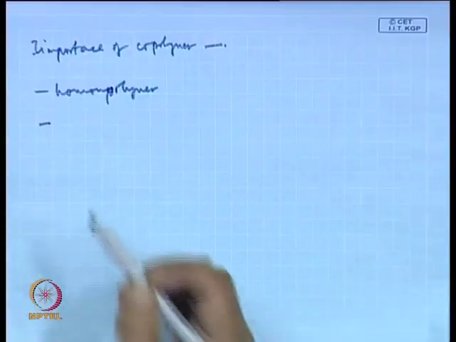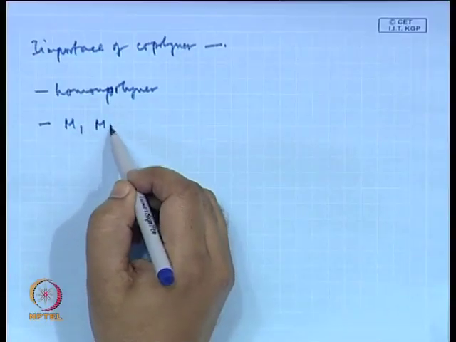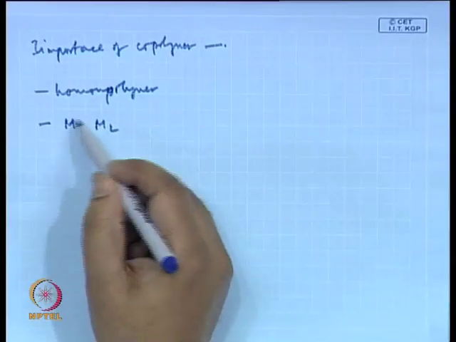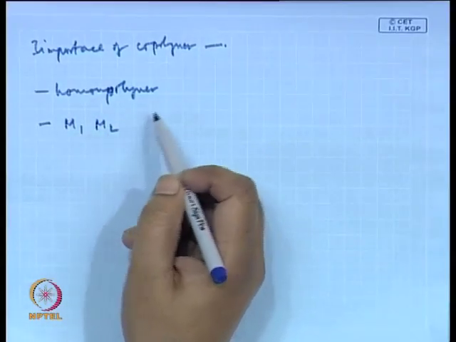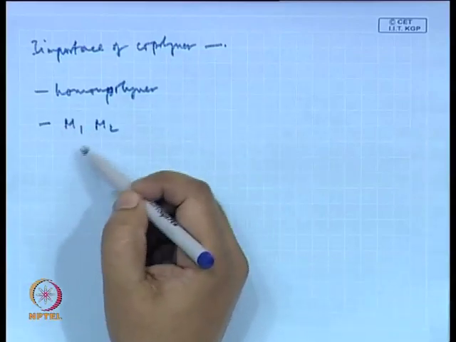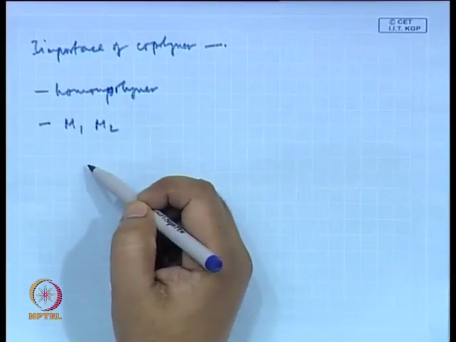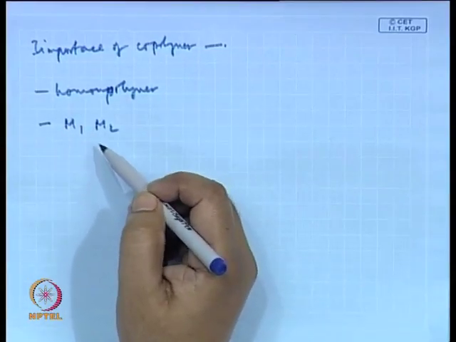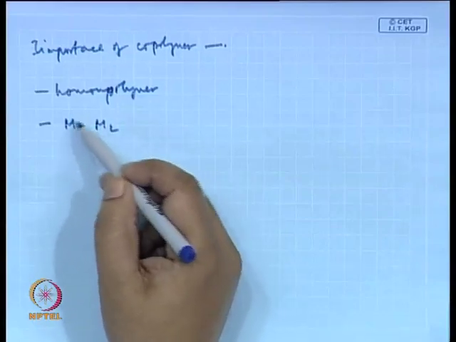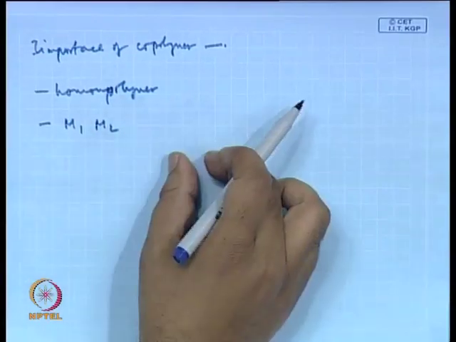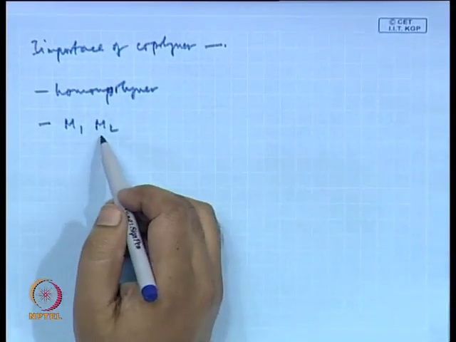If you make copolymers, if you take M1 and M2, then you can choose from that monomer set and get several combinations of M1 and M2. Not only that, for a given set of two monomers you can make different compositions: 0 100, 10 90 to 90 10.